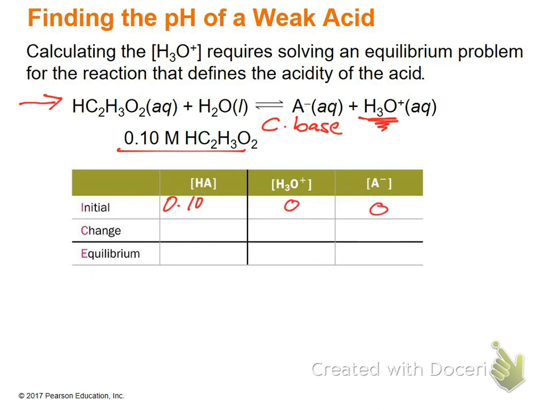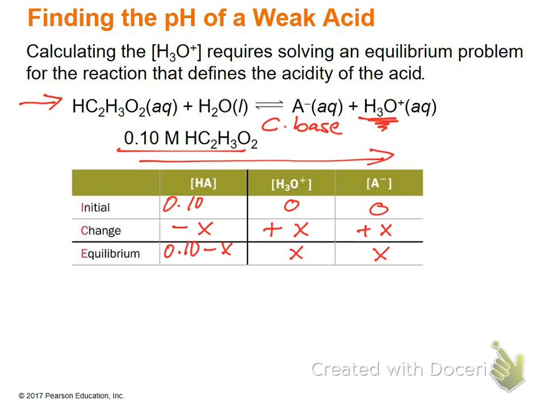For the change, because the reaction will shift towards the products, the acetic acid will receive a negative change, negative X, and the products will receive positive X. Then you perform the mathematics and you get 0.10 minus X at equilibrium. This is the concentration at equilibrium as a function of X.